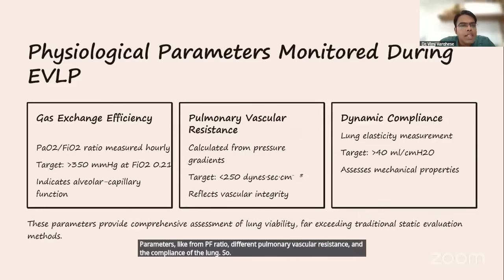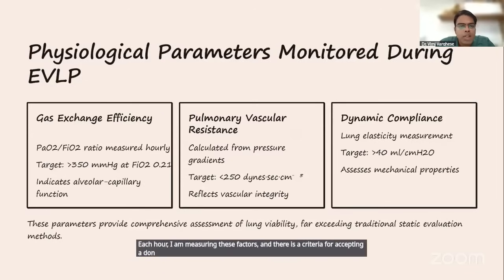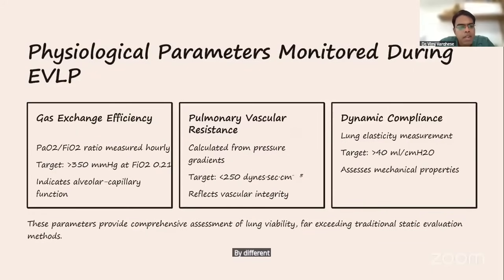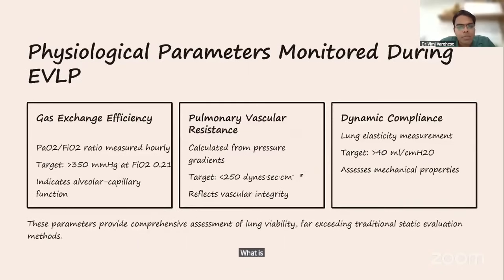So each hour I am measuring these factors, and there is a criteria for accepting a donor lung after the solution is run by different teams, right from the Steen team or the Toronto team to the Hanover team. And I think the next speaker will tell in detail about the criteria for acceptance.